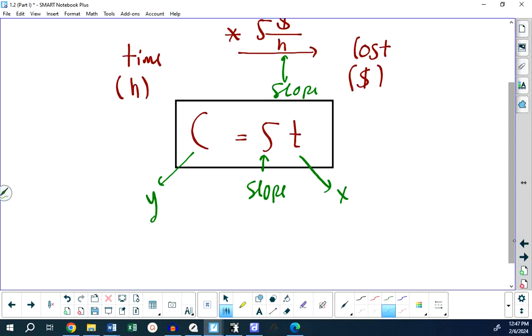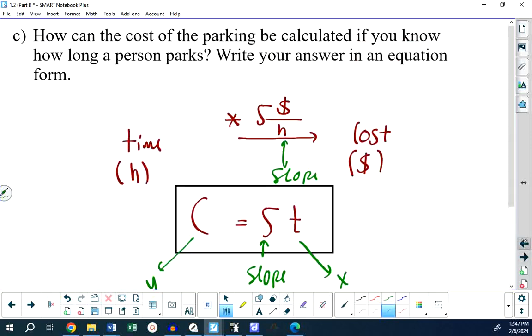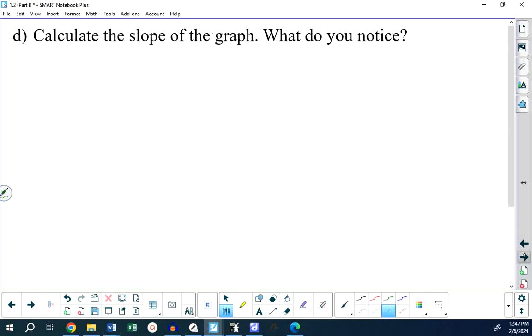So what do we notice? Let me write down our answer here. Our slope equals $5 per hour. What we notice is this, and we're going to write it down, and then I'm going to repeat it and ask us to think about what I'm telling you. What do we notice?